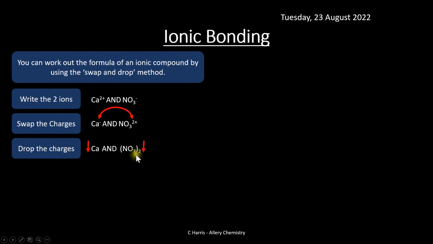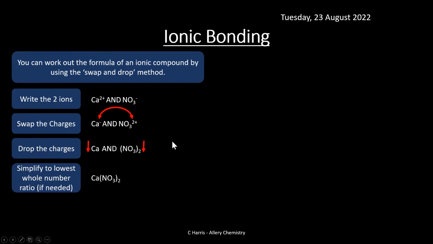So very important to put your brackets around that as well. And we simplify to the whole number ratio if it's possible and if needed. In this case, it's already in its simplest form, and so therefore we have formed our substance, which is calcium nitrate. So that's the formula for calcium nitrate.